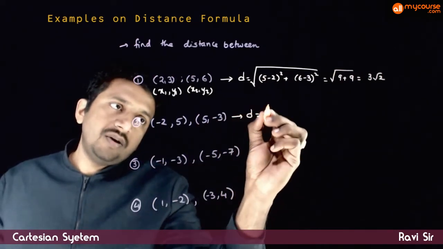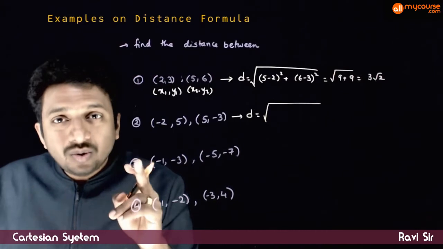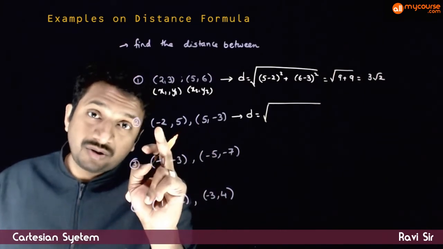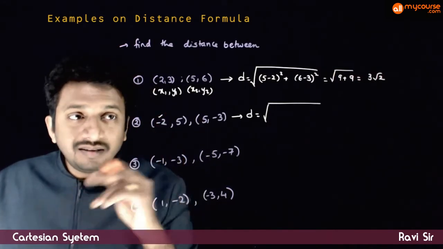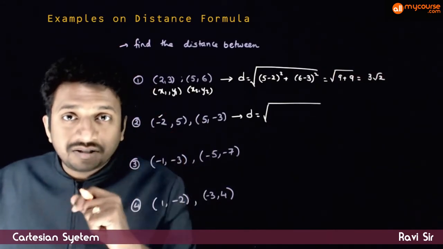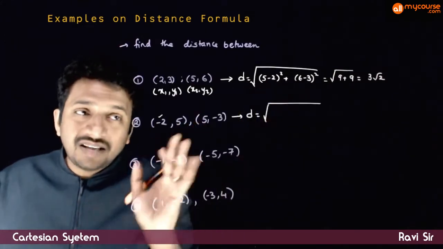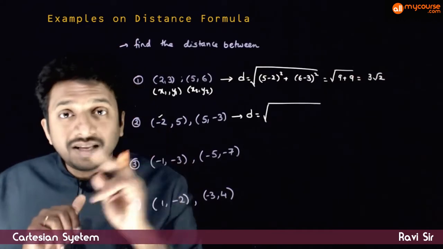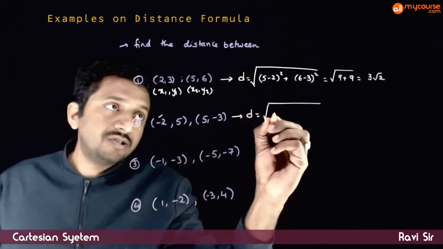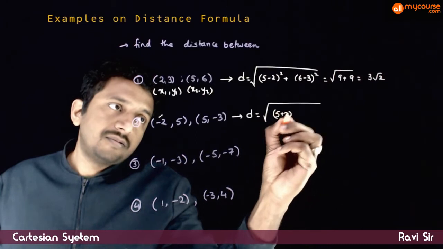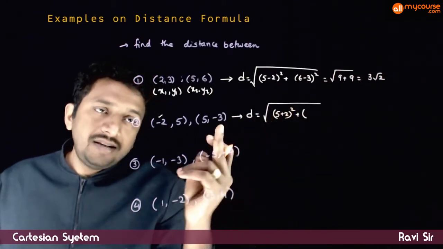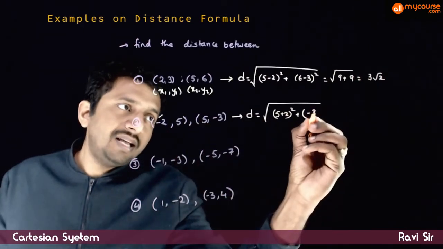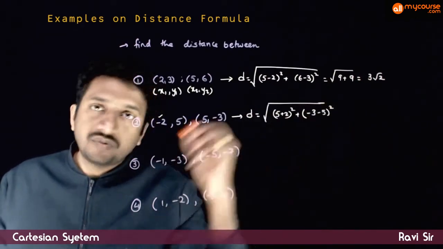So the distance is equal to root of, again, x2 minus x1, 5 minus of minus 2. So you have to take the sign into consideration and use the exact same formula: 5 minus of minus 2 whole square, that is 5 plus 2 whole square, plus y2 minus y1, minus 3 minus 5, whole square.